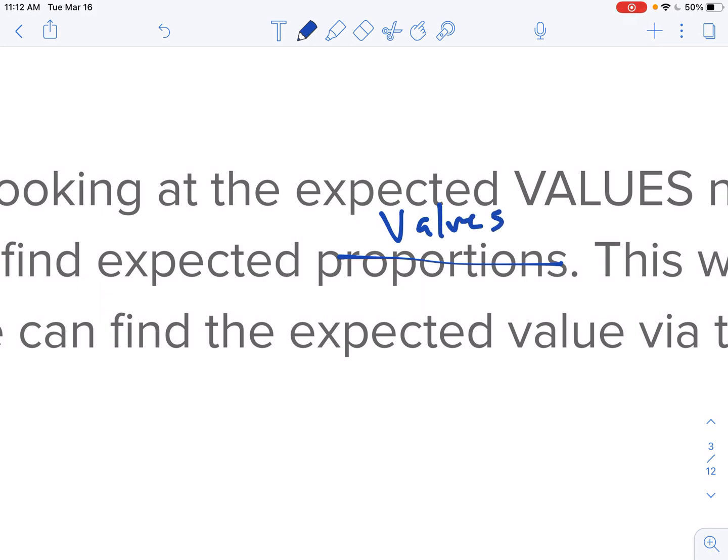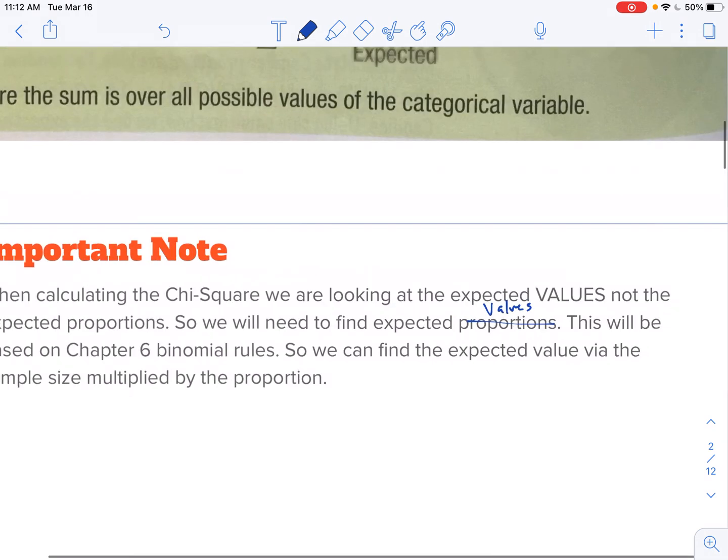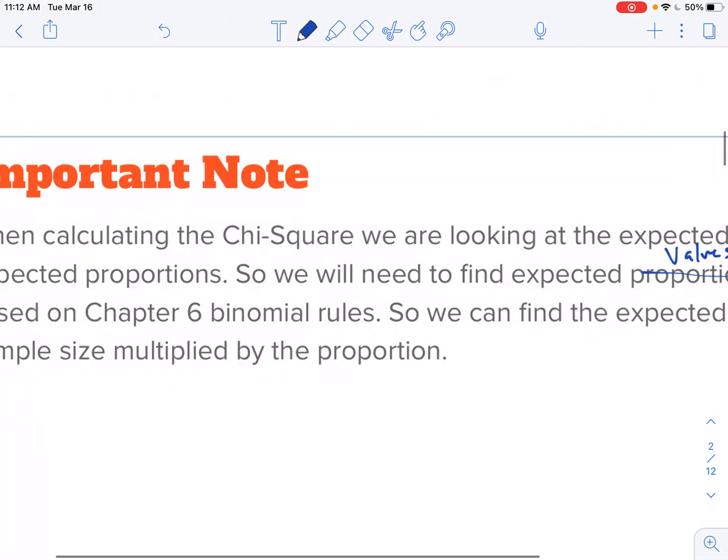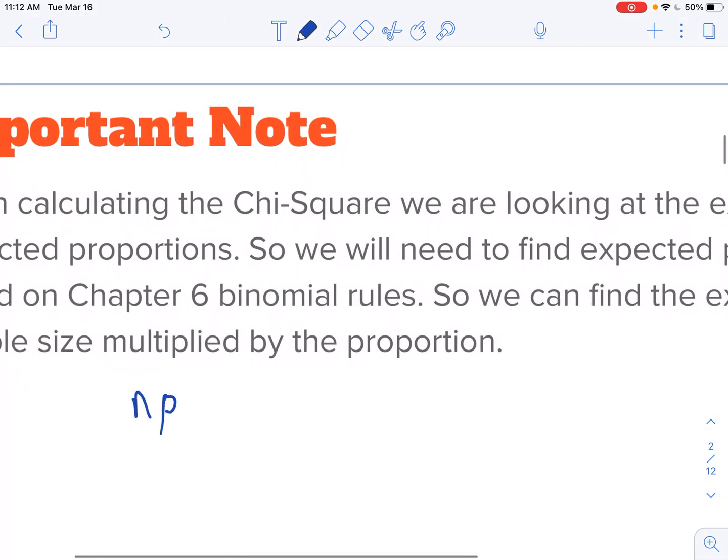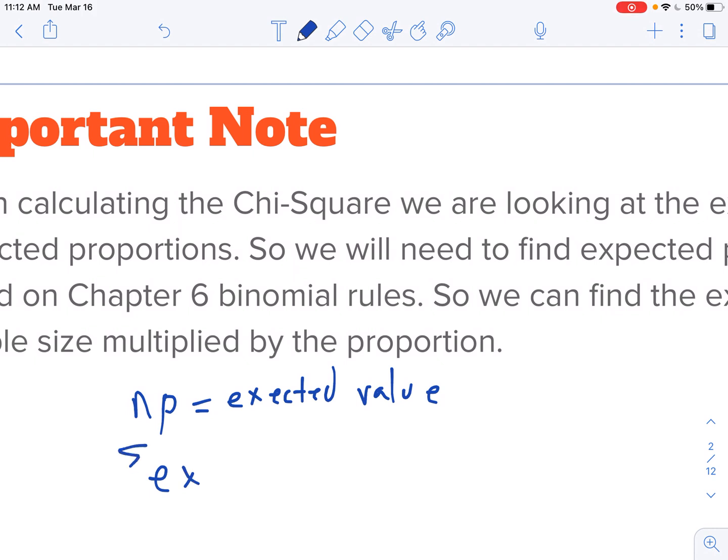So if you're given a proportion and then you know the sample size, you're just going to have to say that the sample size multiplied by the proportion, whichever proportion you're looking at, is equal to your expected value. And then the sum of the expected values needs to be equal to the sample size.